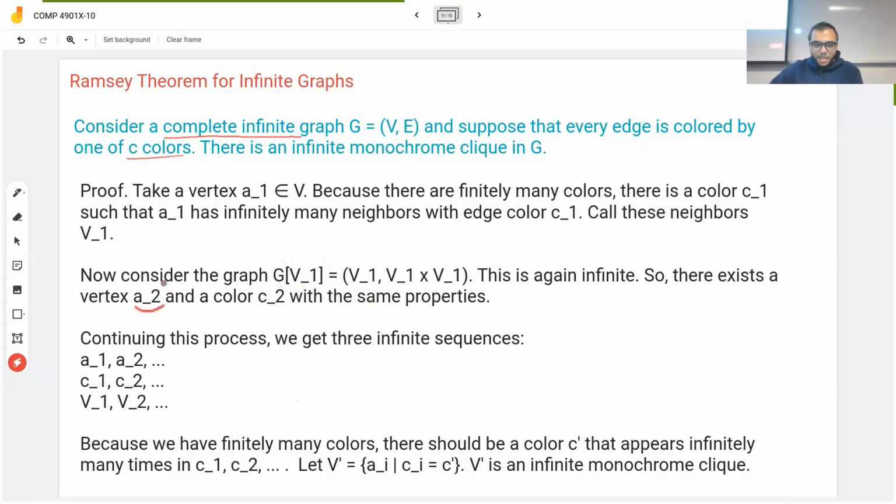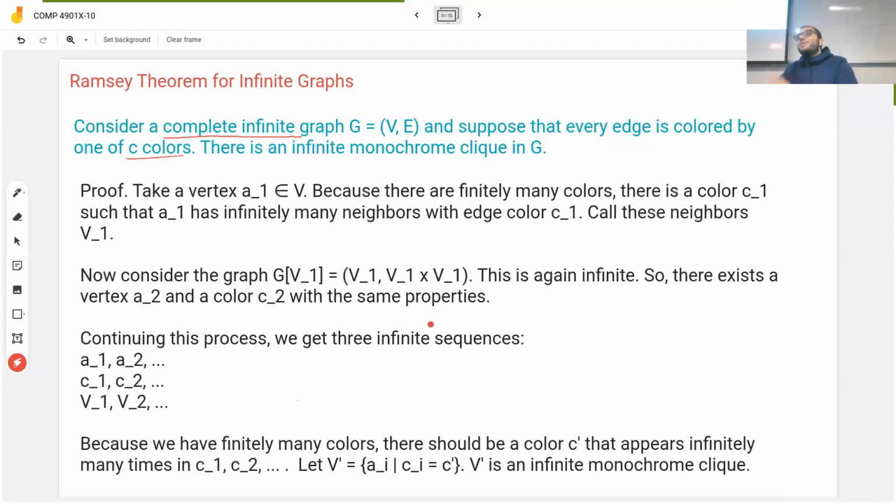I can pick a vertex A2, and there are infinitely many edges going out of A2, so there is a color that appears infinitely many times. Let's call that C2. Let's take the endpoints of all the edges with color C2 that are going out of A2, and let's call that V2. And let's erase everything else from the graph and just keep V2.